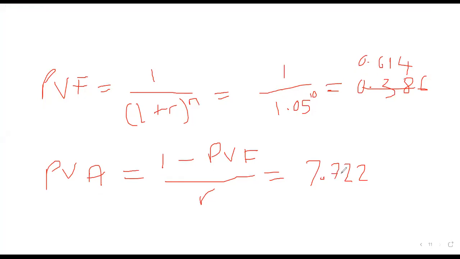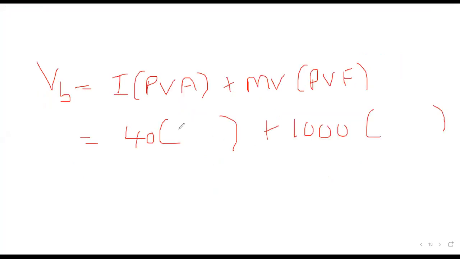Okay. Then we substitute now these figures in our formula. This is 0.614, and this is 7.722.